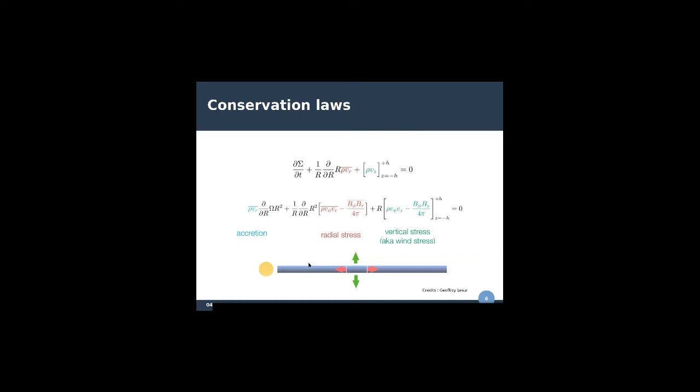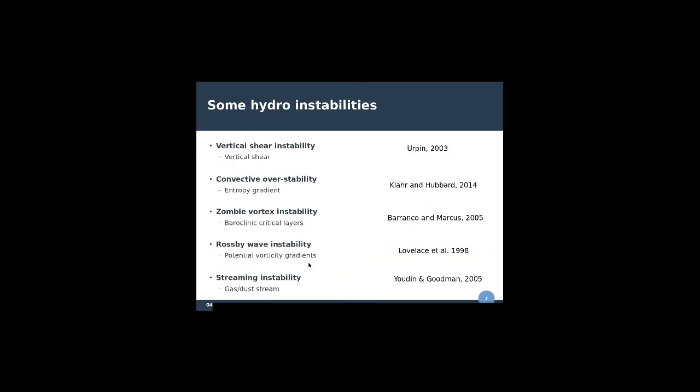And there are now several hydrodynamic instabilities that are discussed. So I will just mention a few. Do not hesitate to go look at the paper for more details. But as I said, these disks are vertically sheared, and we can extract energy thanks to this vertical shear. This is the base of the vertical shear instability.